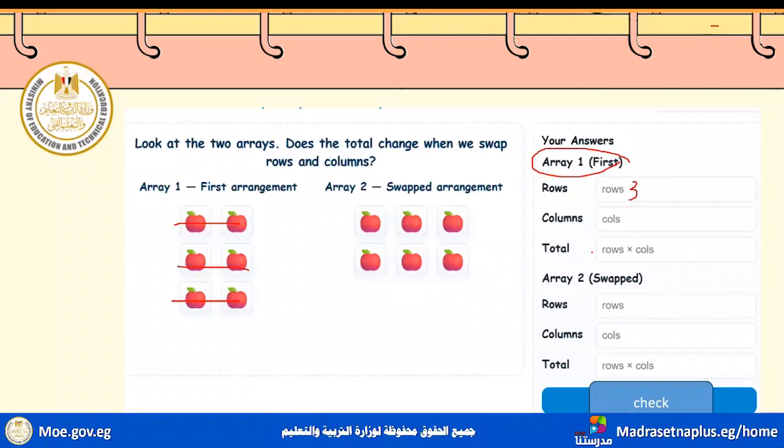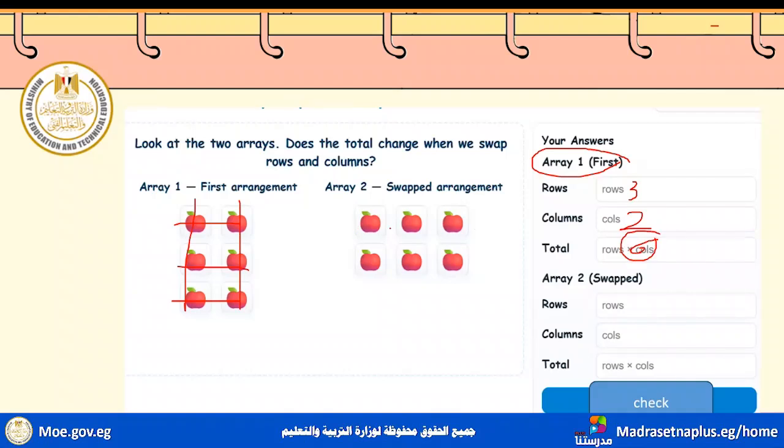How many columns? 1 and 2. Can you get the total number now, by adding or by multiplication? By adding, 2 and 2 and 2 will be 6. By using multiplication, 3 times 2 equals 6. That means, finally, by using rows by columns, I'll get 6 elements. Let's swap it.